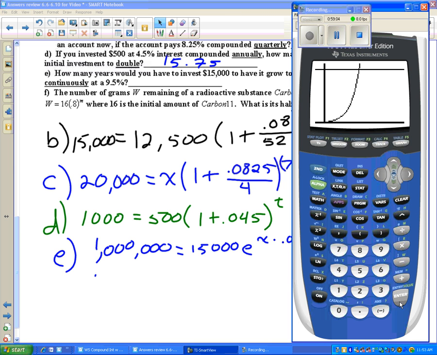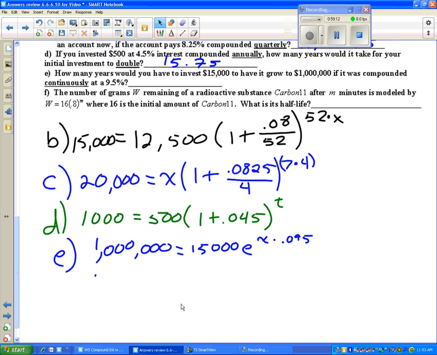I hit it, of course, 4 times. 44.2. So I have to invest it for 44.2 years so that I will get $1 million. $15,000 invested for 44.2 years will be $1 million.